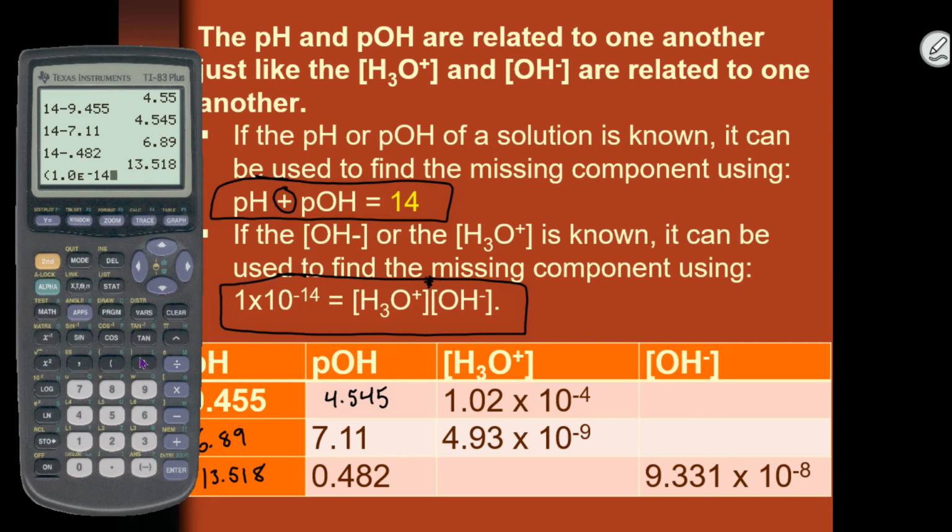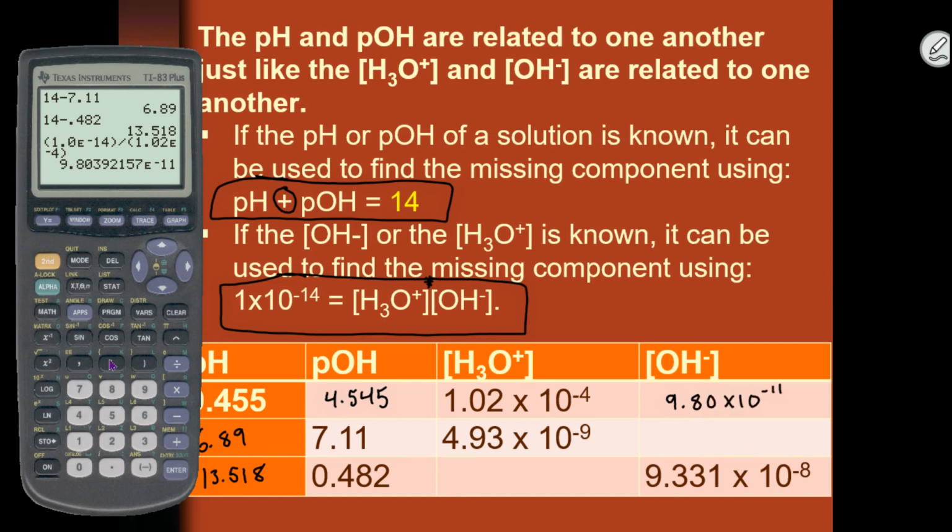And I'm going to be dividing by 1.02 E negative 4. So my OH concentration is 9.80 times 10 to the negative 11th.